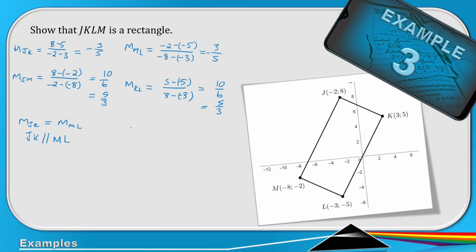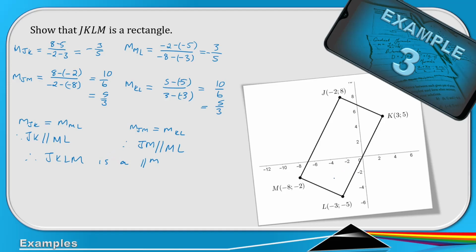And we also know that the gradient of JM is equal to the gradient of KL, so therefore JM is parallel to KL. All right, so now we see that both pairs of opposite sides are parallel. So therefore, JKLM is a parallelogram. So the first part is done.